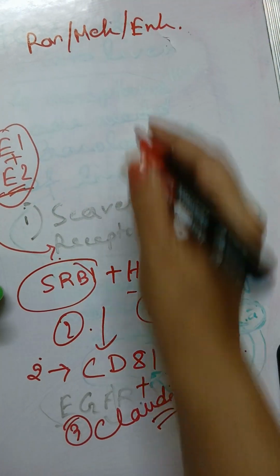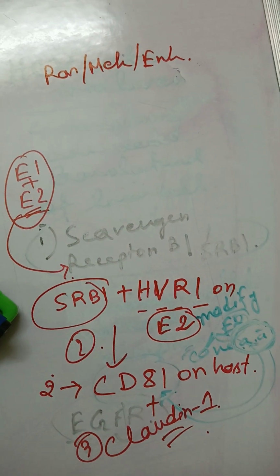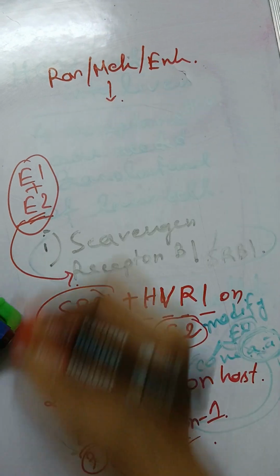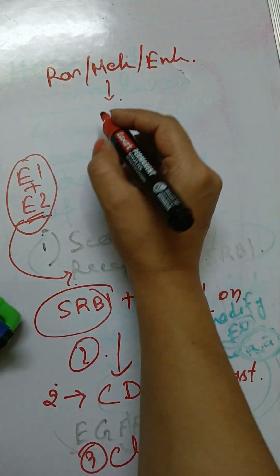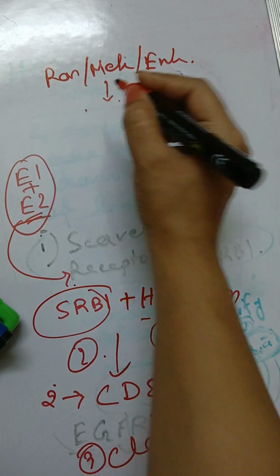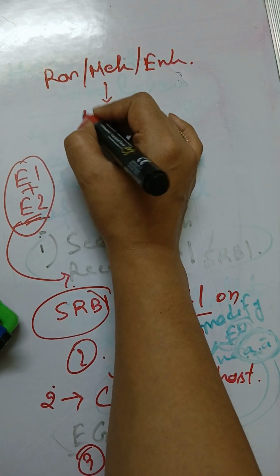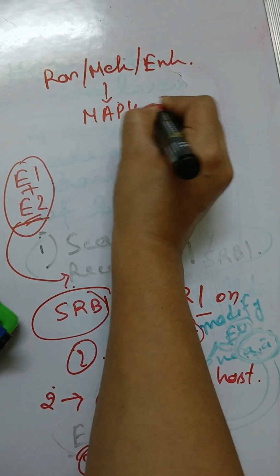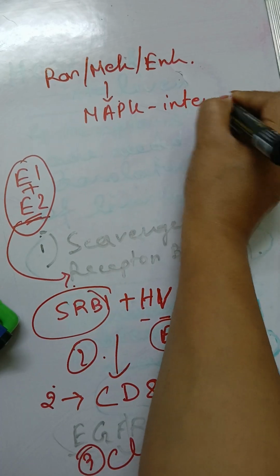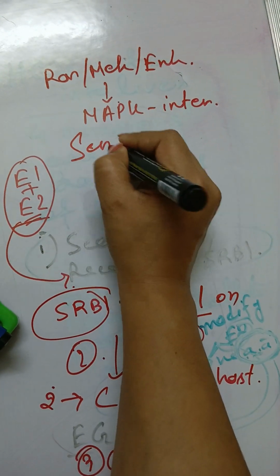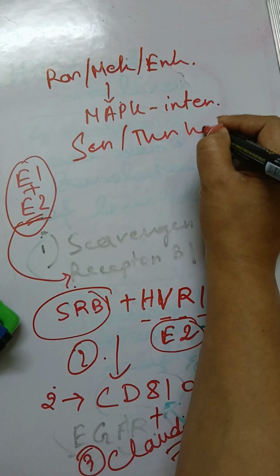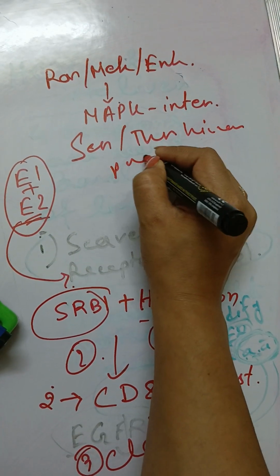Okay, this RAS-MAPK ERK pathway will obviously activate the downstream enzyme, MAP kinase interacting serine threonine kinase protein.